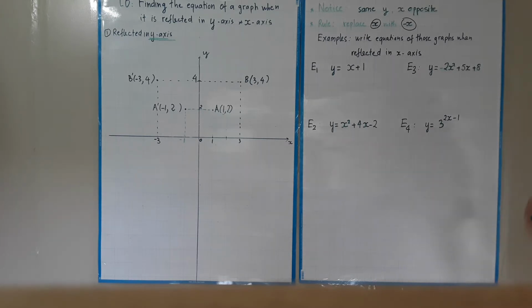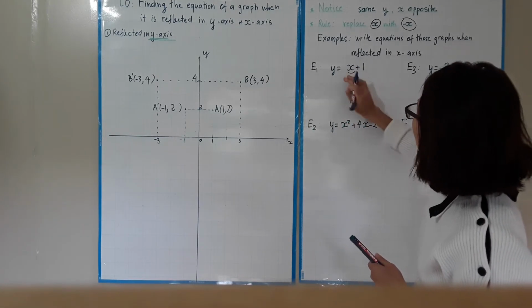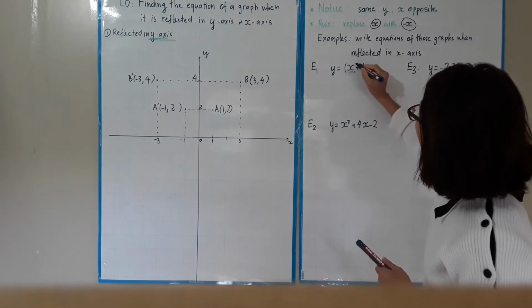Now look at those examples. Example 1. Write the equation of y equals x plus 2 when it is reflected in the y-axis. The rule is replace x with -x. I put it in brackets.